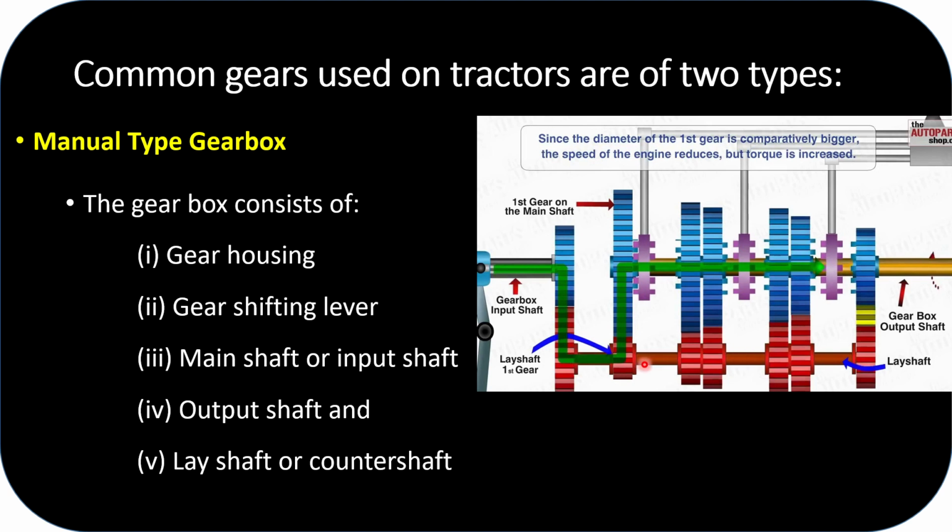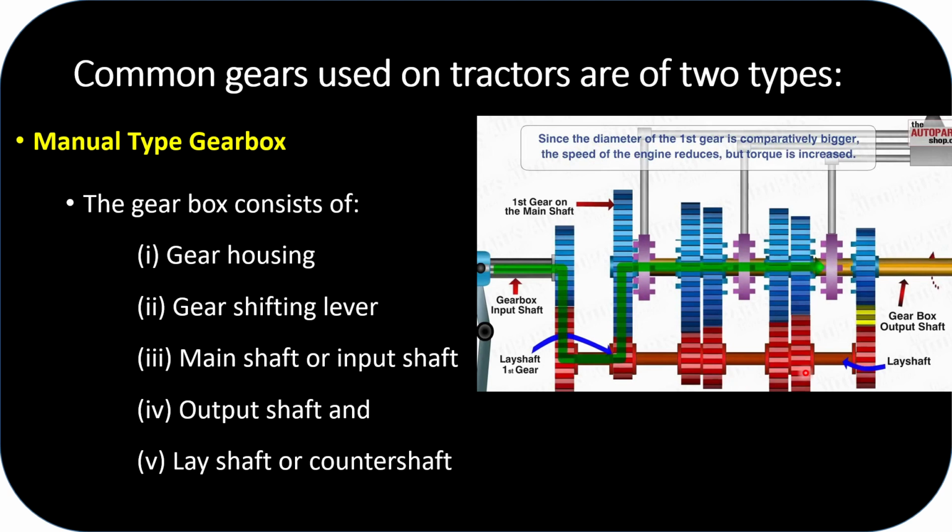The lay shaft or counter shaft, shown in red in this figure, is mounted beneath the input shaft and the output shaft, so that power is transmitted from the input to the output. It is an intermediate shaft. A number of gears are mounted on the lay shaft, of which one gear is mated with the input shaft.